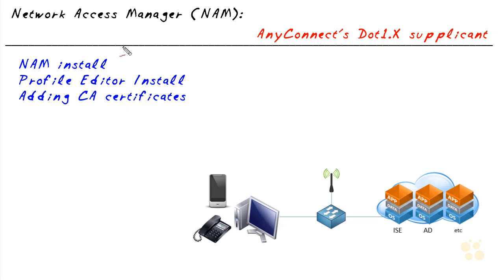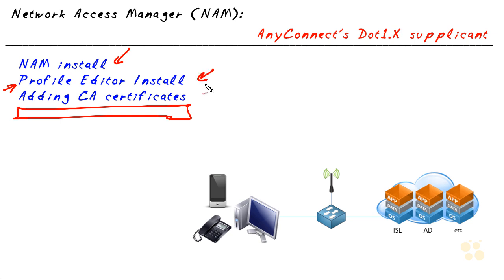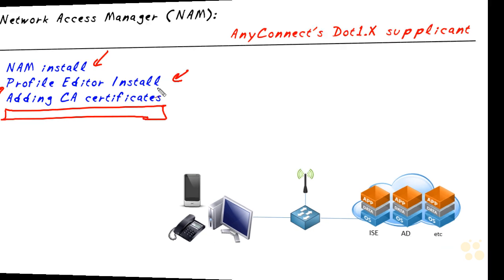In this video, we've taken a look at adding the Network Access Manager, a component of AnyConnect, as an 802.1x supplicant, as well as using the profile editor, also from Cisco, to modify the properties of our profiles in Network Access Manager, including the ability to add a trusted certificate authority using the profile editor.